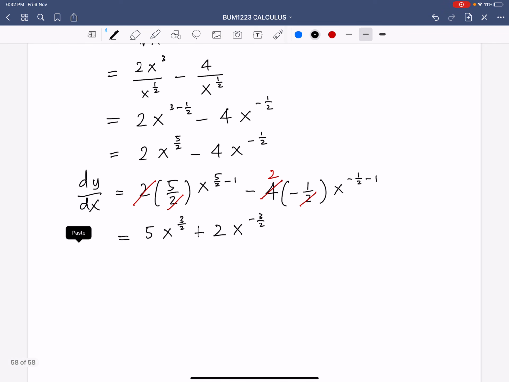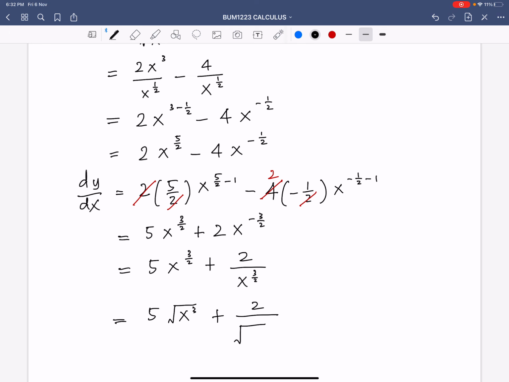Where this is equal to 5x power of 3 over 2 plus 2 over x power of 3 over 2. Or you can also write it as 5 root x cubed plus 2 over root x cubed.